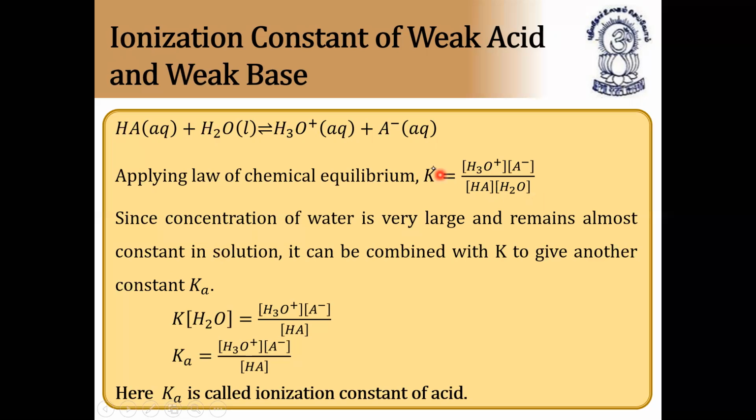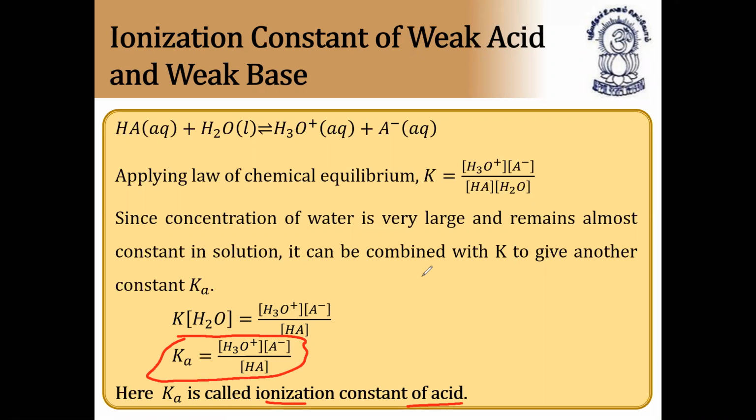So this water is combined with K and forms Ka, which is equal to concentration of H3O plus into concentration of A minus by concentration of HA. By this, you can say Ka, ionization constant of weak acid, is equal to concentration of H3O plus into A minus by concentration of HA. So this is called ionization constant of acid.